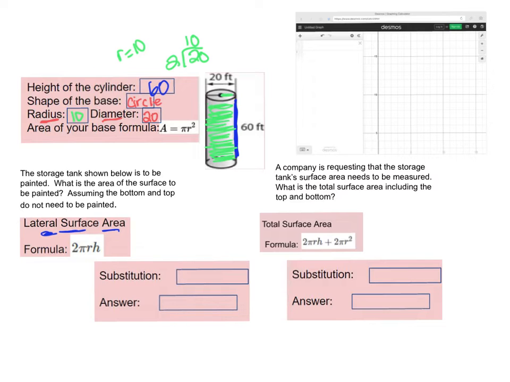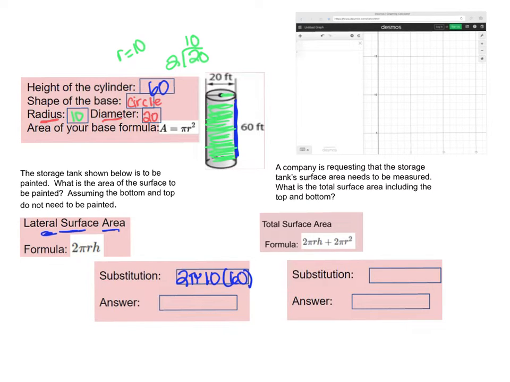I think we can do this. Here's my formula, the formula we're going to use. We're going to put 2 pi r, and we figured out our radius is 10, and we determined our height was 60, times 60.